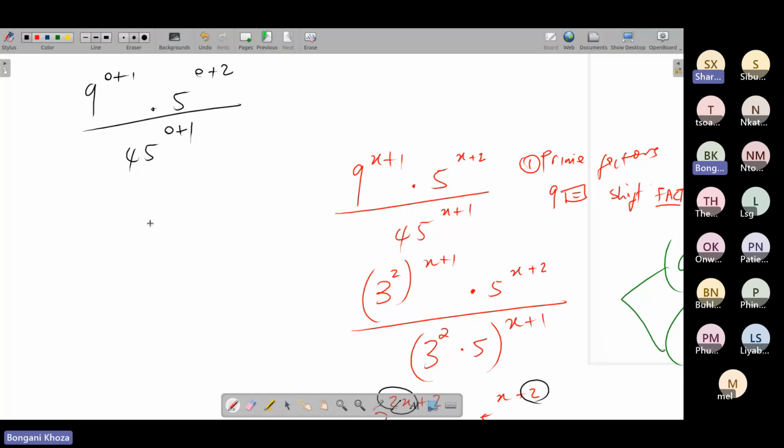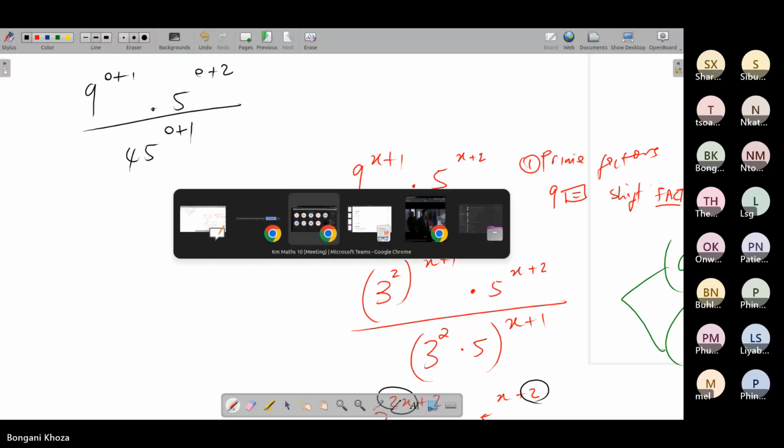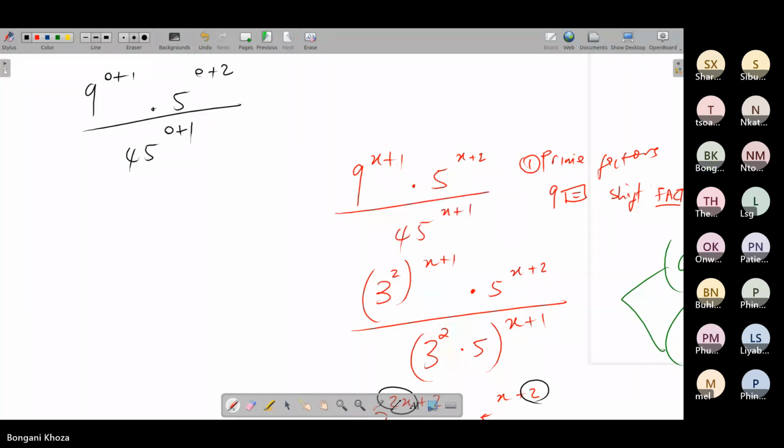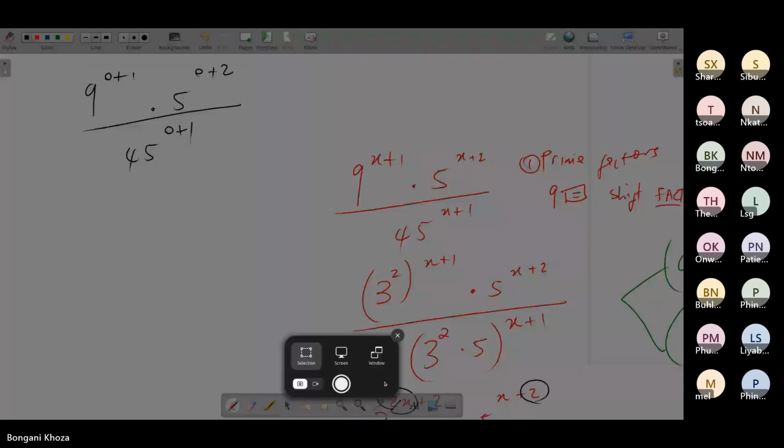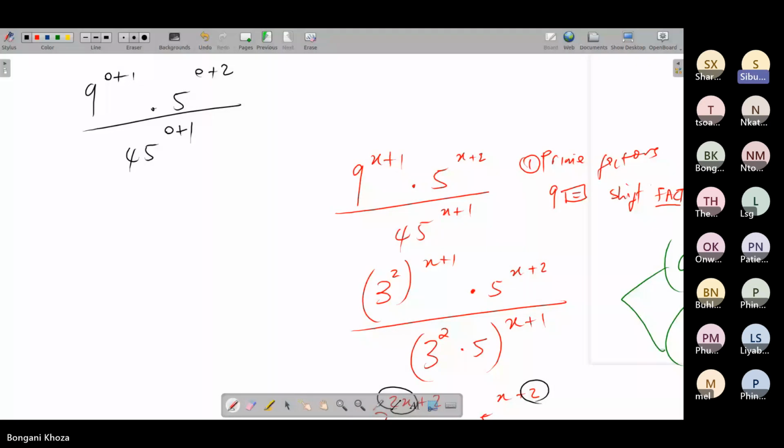You're supposed to get 5 here, that's the answer we got. It's 5. We're getting 5, so that means our calculation was correct.